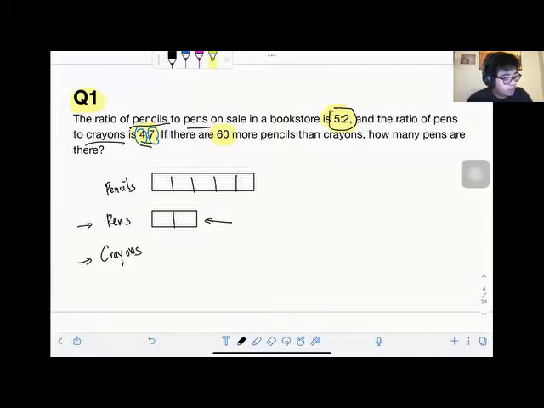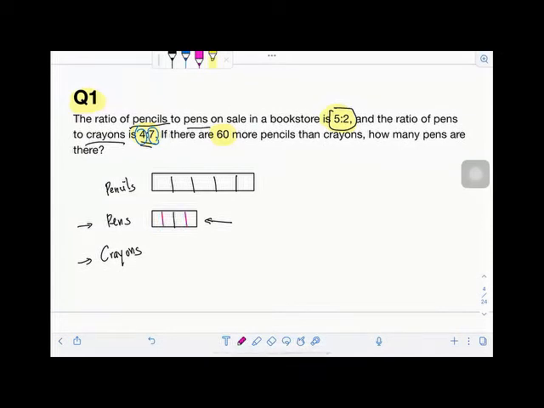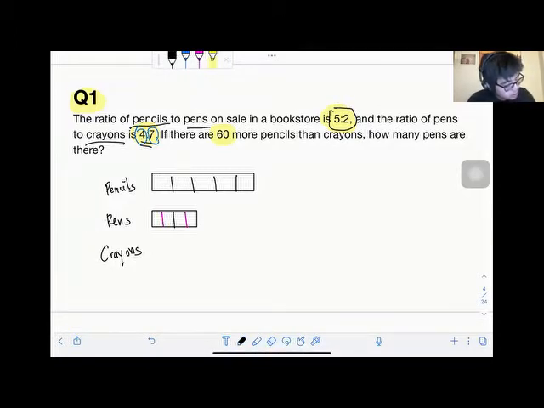So gagawin po natin ulit yung ginawa natin last time. Hatiin natin yung mga box para yung 2 magiging 4. At ngayon na mas maliit na yung mga boxes natin, hahatiin po din natin yung sa pencils.